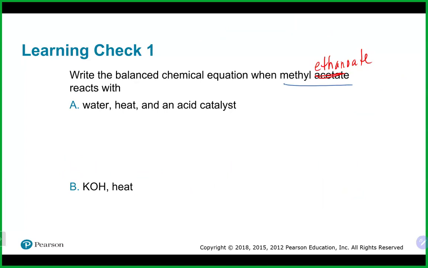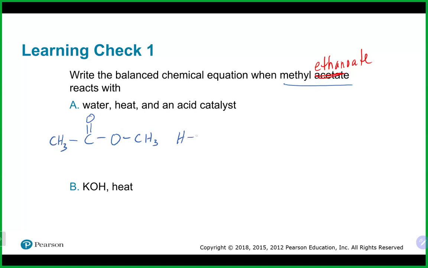It's an ester, and we're going to start with our ester group here to draw it. And again, methyl is going to be one carbon, and ethane is two carbons, which means we got one more there. So that is what we are starting with in this case. We're going to do the acid hydrolysis here.